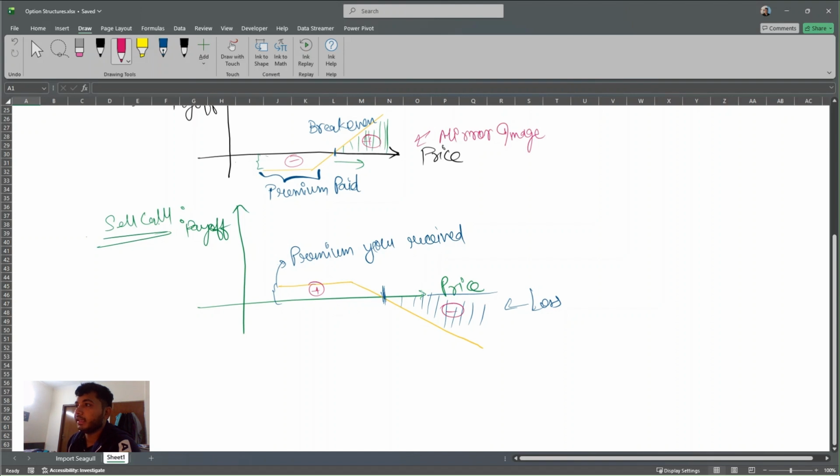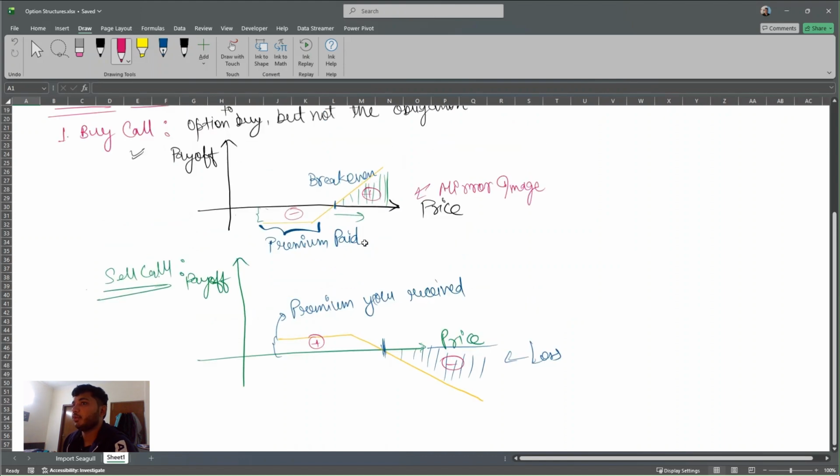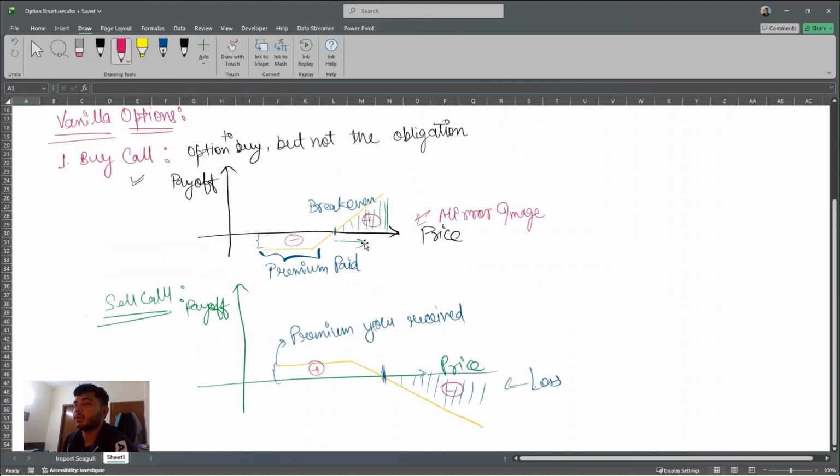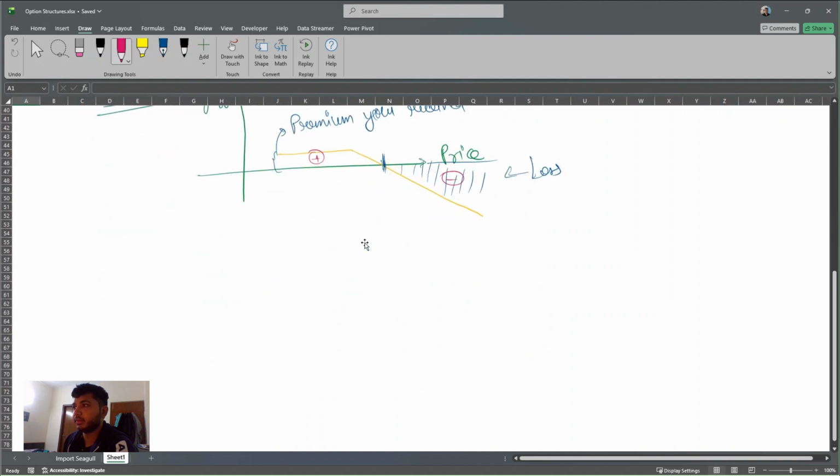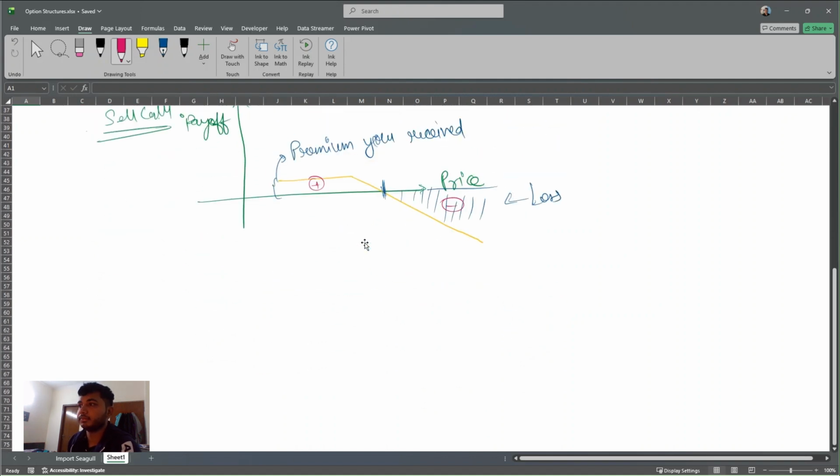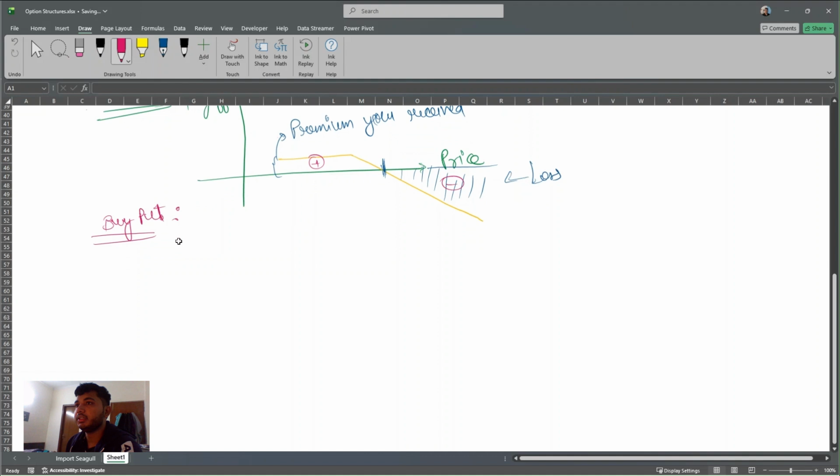And there is another very simple arrangement, another example, buy put. Very simple intuition.